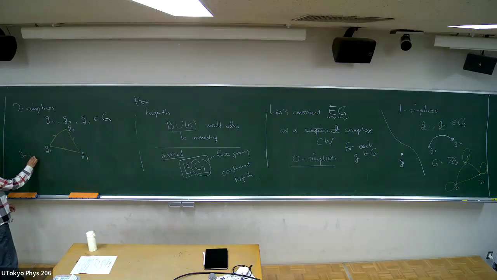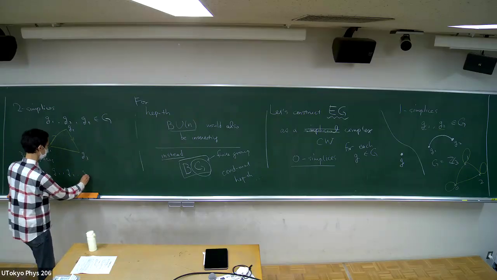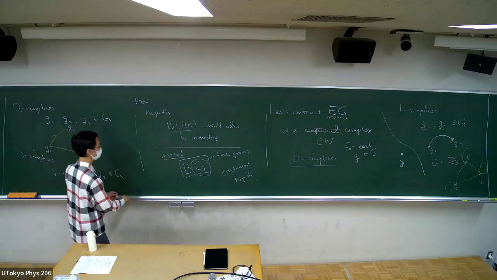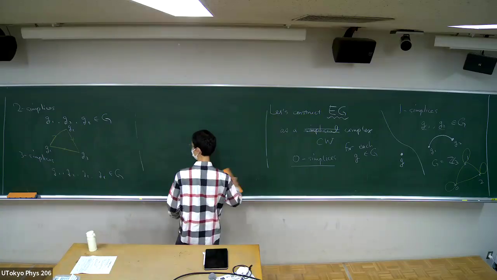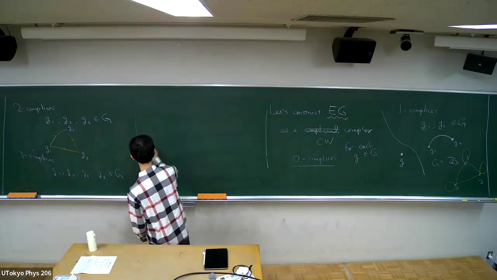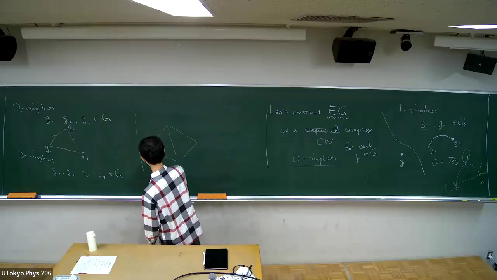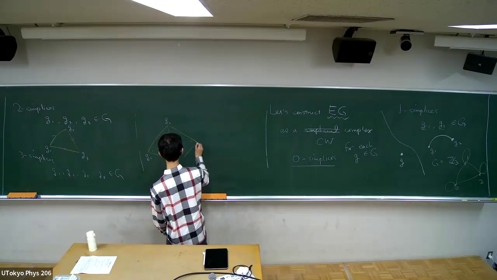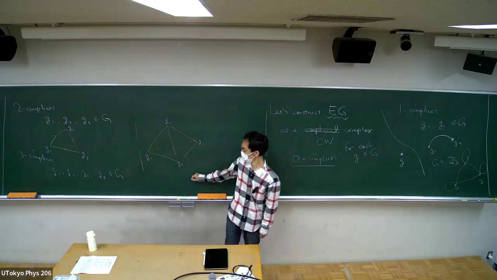For 3 simplices, I just take 4 elements from the group, and you introduce a tetrahedron with vertices given by g1, g2, g3, g4, and so on and so on.